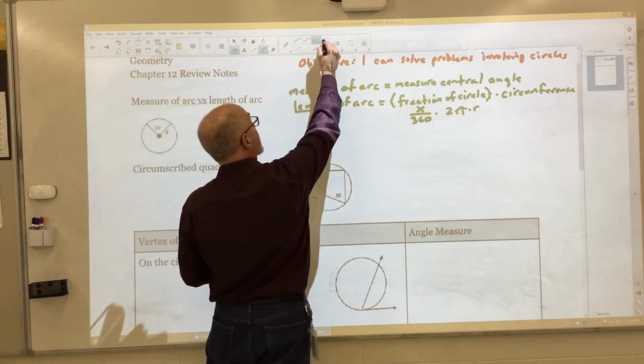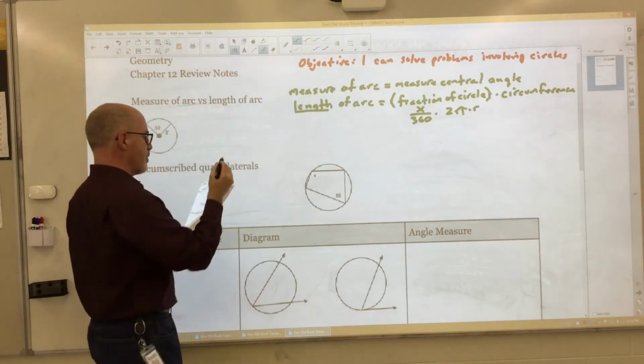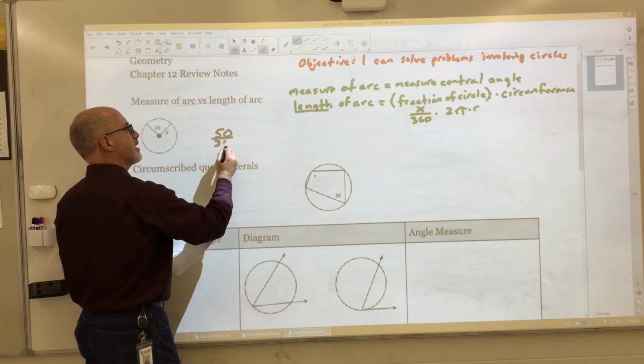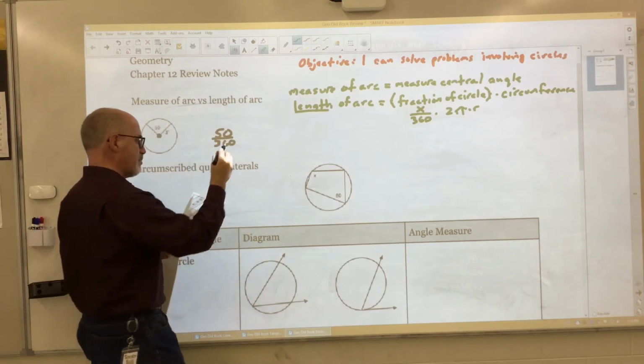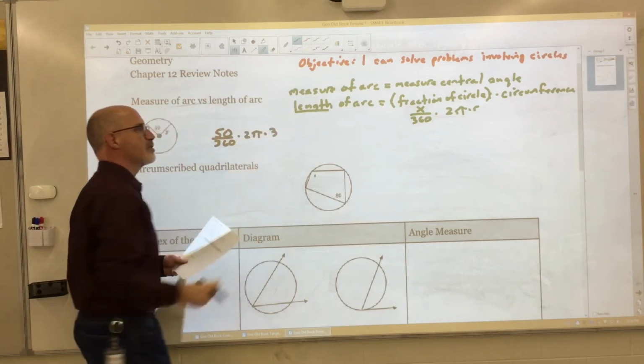Okay, let's do the arc length here. For this one, we want to take the 50 and divide by 360, because that angle is also the arc measure. Multiply that by 2 pi times the radius, which is 3.